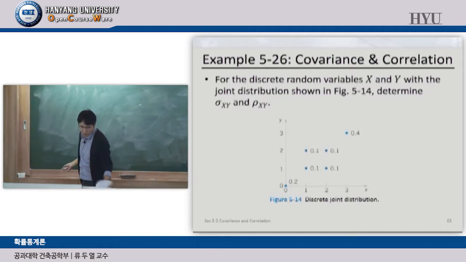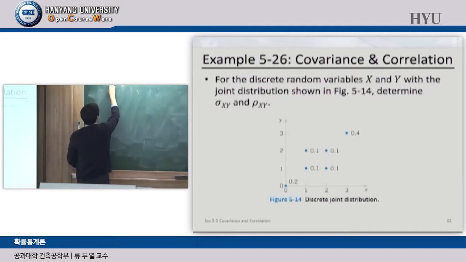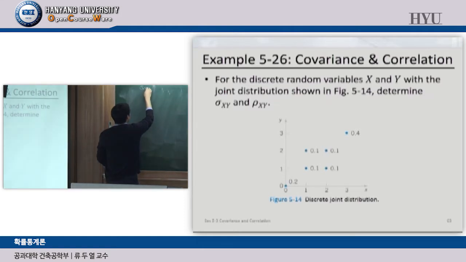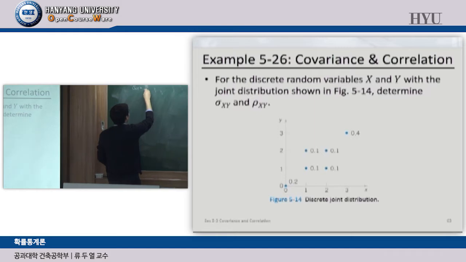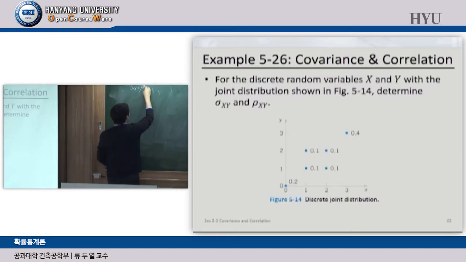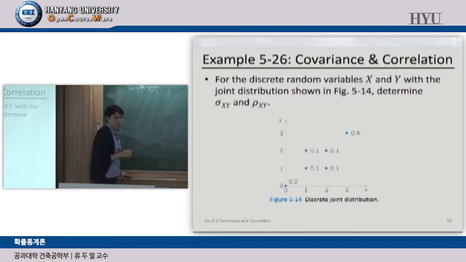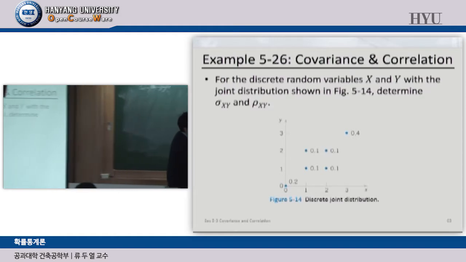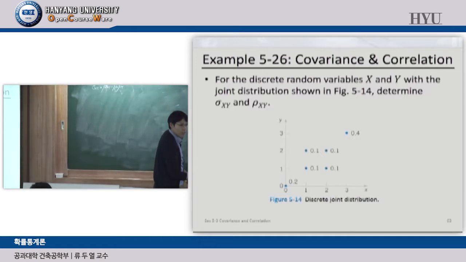So first, we are going to calculate sigma xy. That is equal to mu xy minus mu x times mu y. And this is the discrete case, right? This is not the continuous case.